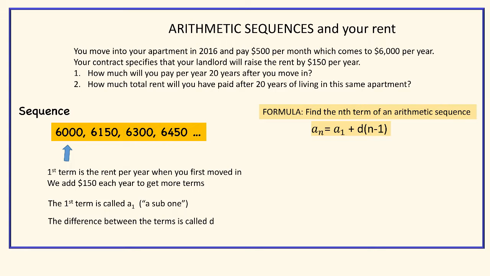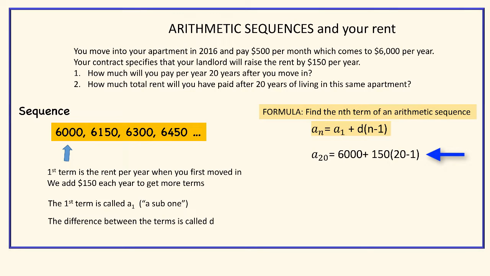So A sub n, in our case, we're looking for the 20th number, the 20th year. So n would be 20. A sub n is equal to A sub 1, that's where we started, plus D, that's the difference, times n minus 1. Again, n is which term we're looking for, the 20th term. So let's fill in our numbers.